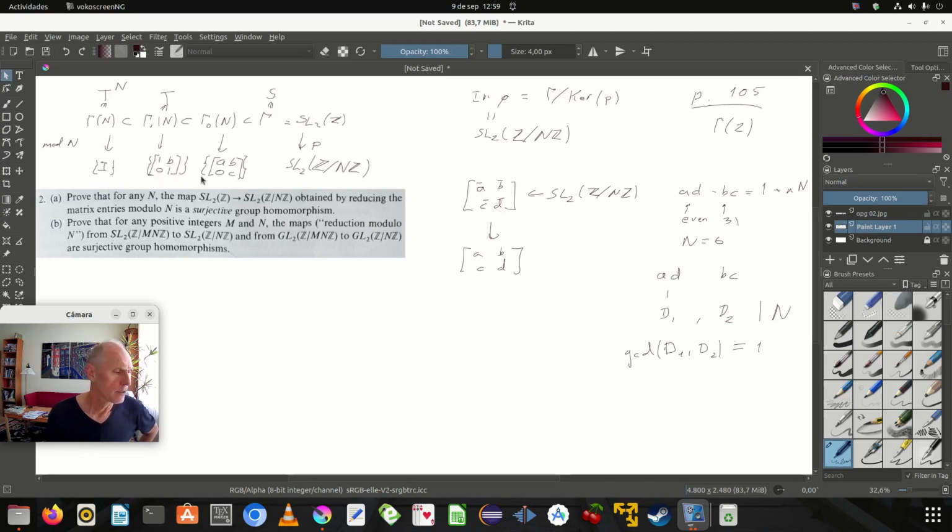Or is it minus unity? I forget. We'll just check. Yeah, it's unity. And the one up here is minus unity. So S lies here, but not in any of these.